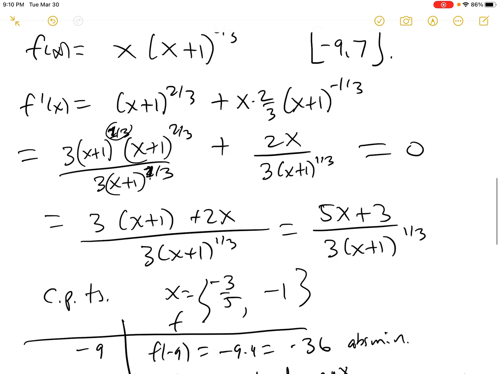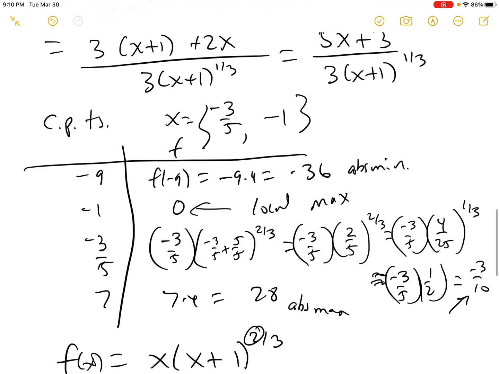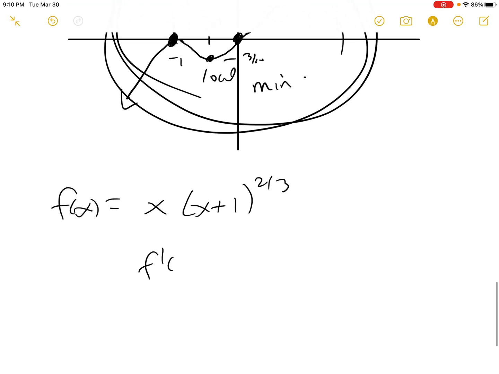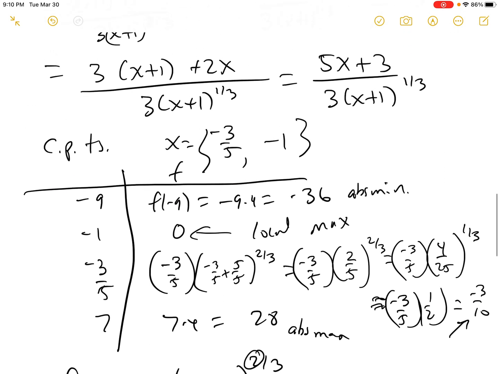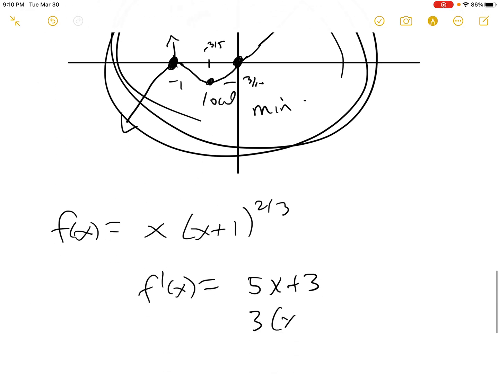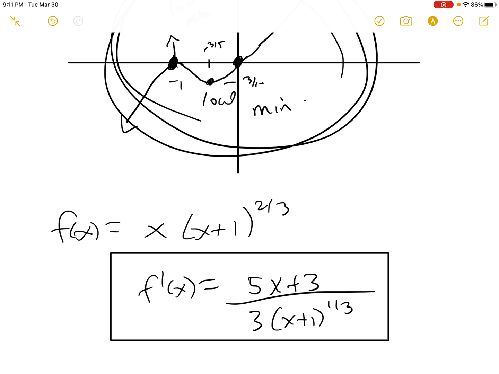And I just have to say this, because if you have f of x equals x times (x plus 1) to the 2/3, and your next line is this, something happened.